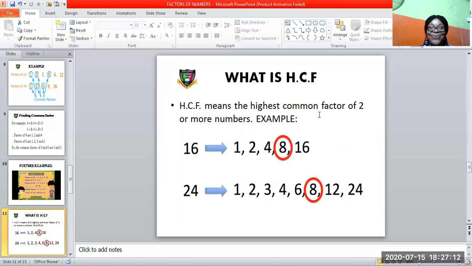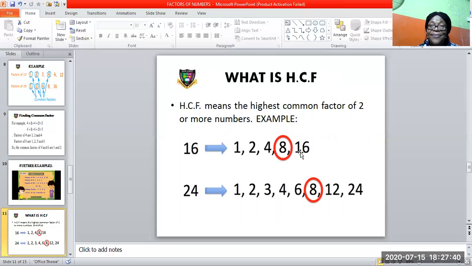Now we say 16 is our given number and 24 is our given number. If 16 and 24 are our given numbers, what are the factors of number 16? We say 1, 2, 4, 8, and 16.